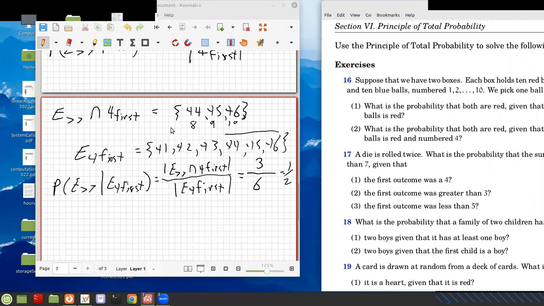Now, we could try to see if we could do it using the law of total probability, more to explain the law of total probability than to make this easier. Could we calculate either of these using the law of total probability?